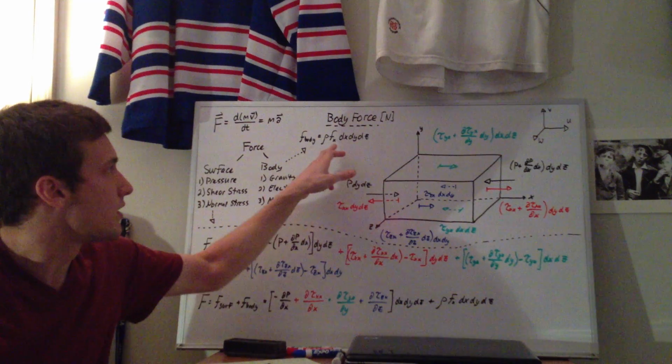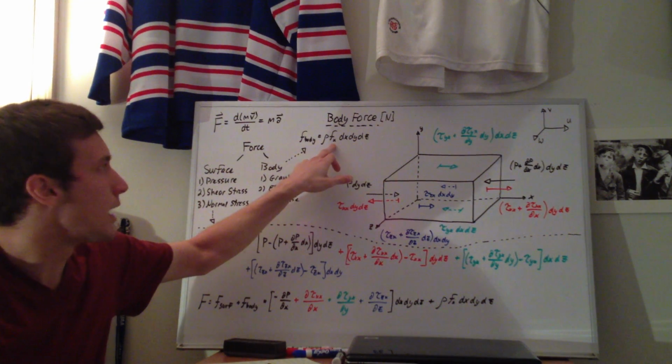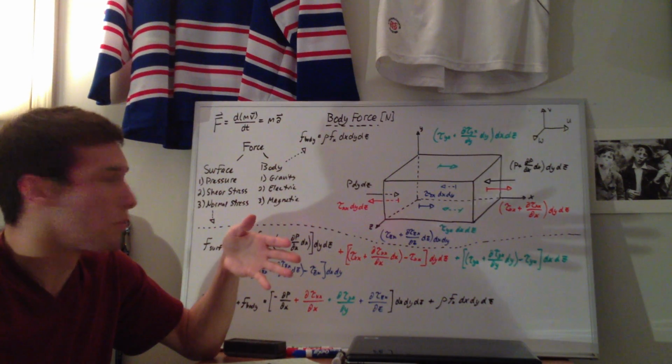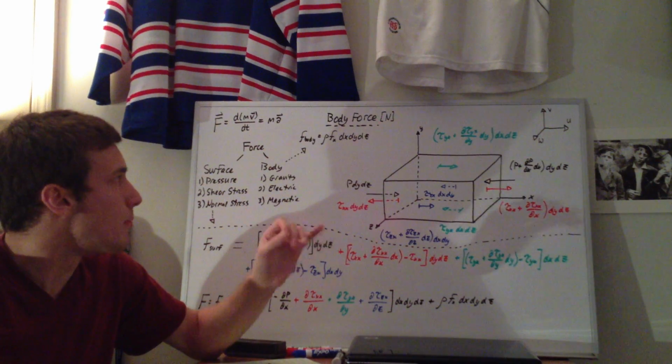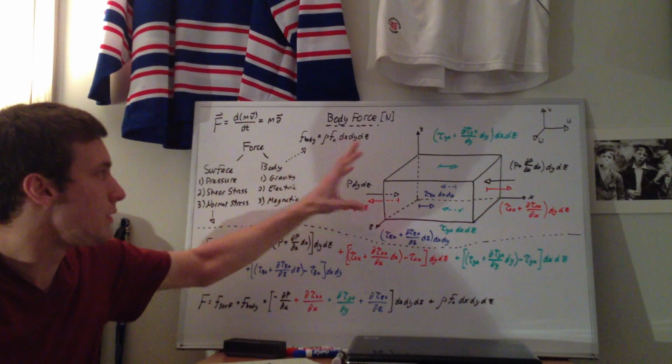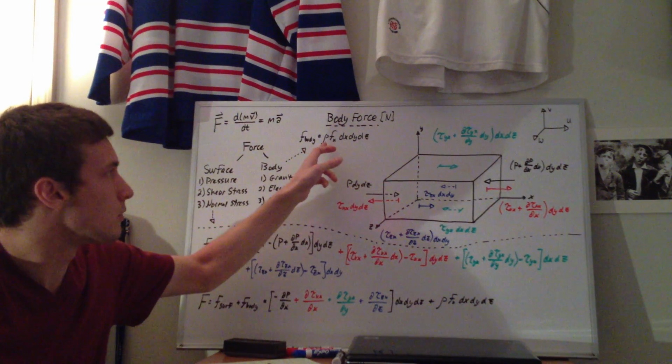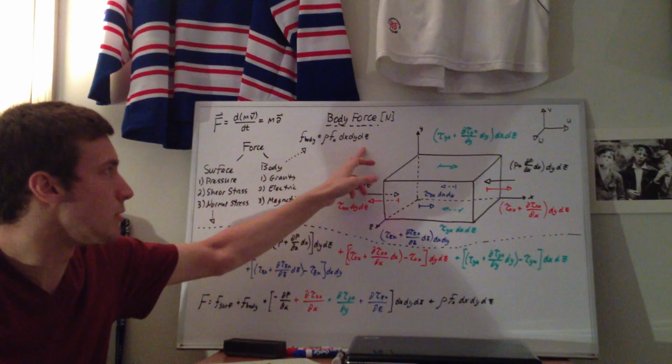I'm going to call F sub x the body force in the x direction per unit mass. And we know that the mass is just the density of the fluid times the volume of the fluid element. The units cancel: kilograms per meter cubed times the volume in meters cubed.